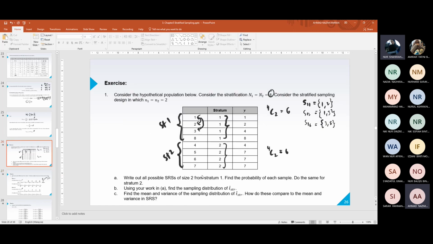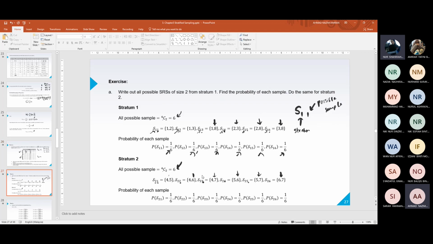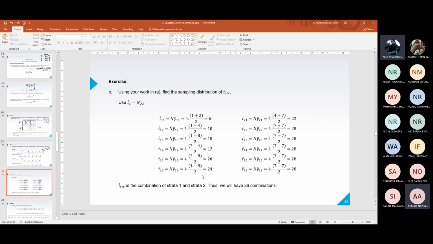Now let's move to the second question. Using your work in A, find the sampling distribution of the estimated population total by using the stratified sampling technique. To come up with the sampling distribution, you just repeat the same process as in simple random sampling. But this time, you do it separately for stratum number 1 and stratum number 2.